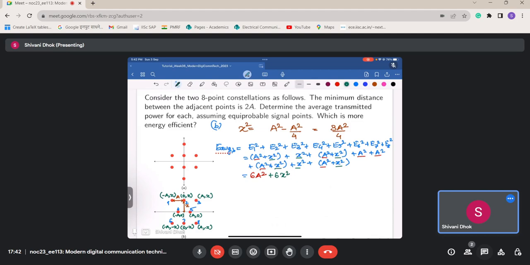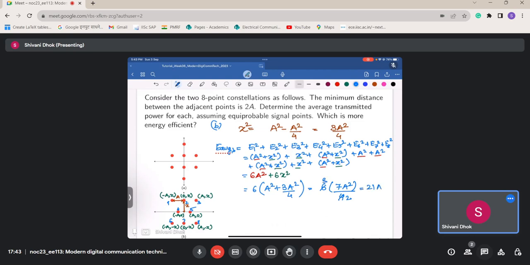Okay. So this I can write as 6 times a square plus 3a square by 4, which is equal to 6 into 7a square by 4.